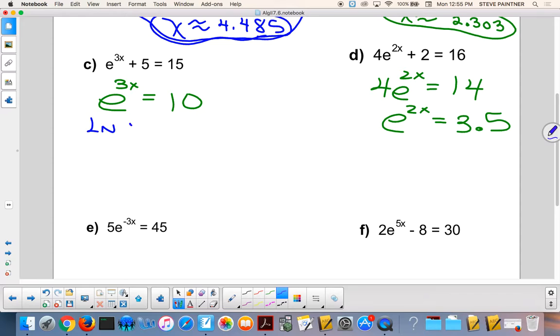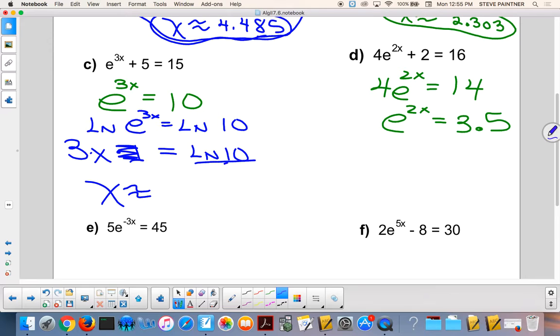Natural log of this one. Move the 3x out in front. How come I didn't write down ln of e? I can if you want me to. It's just 1, but why would I write that down? So don't even write anything down. That's what I'm trying to get across here. Divide by 3.